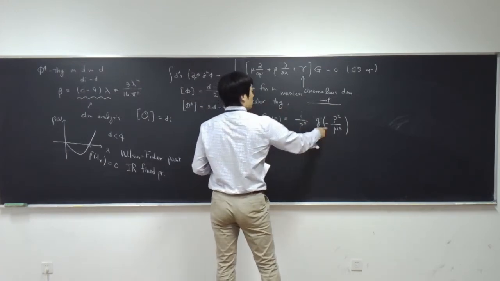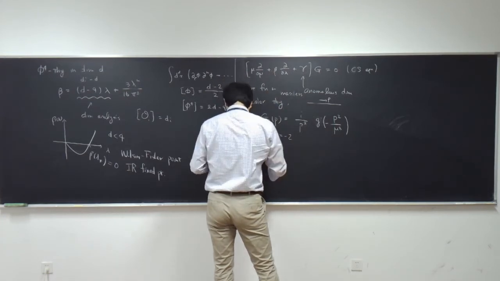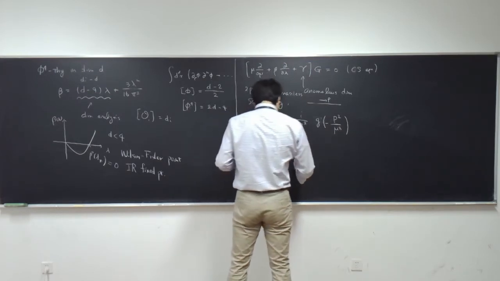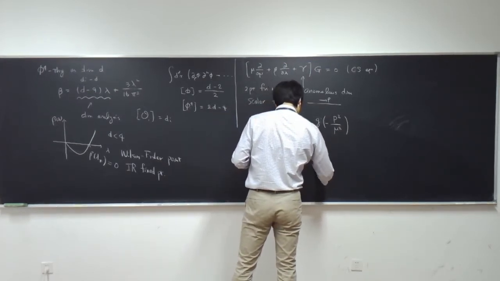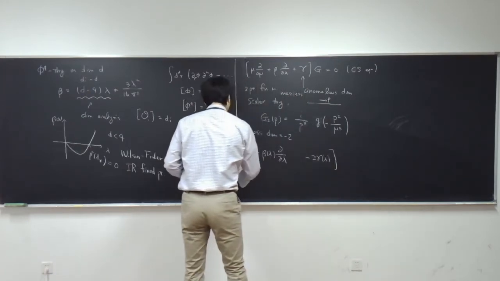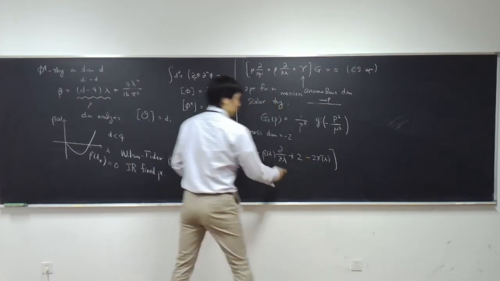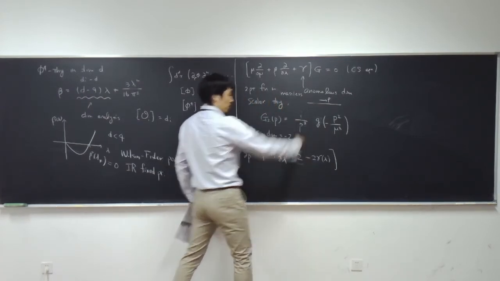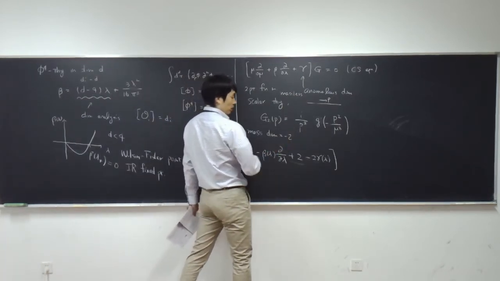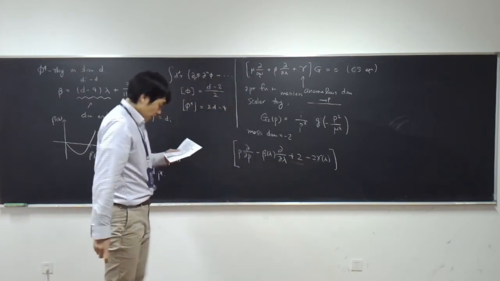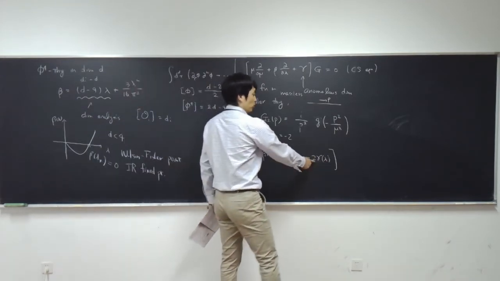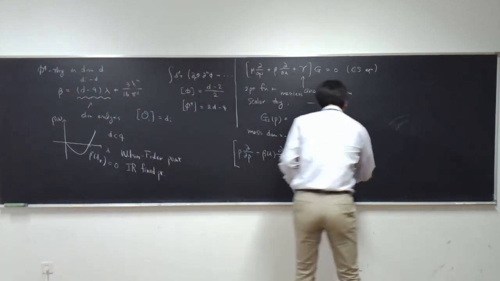The plus 2 really comes from this derivative: if you add the p derivative here, you get 2 minus 2, so that cancels with this one. Then the two-point function gives you this 2, and g of p.